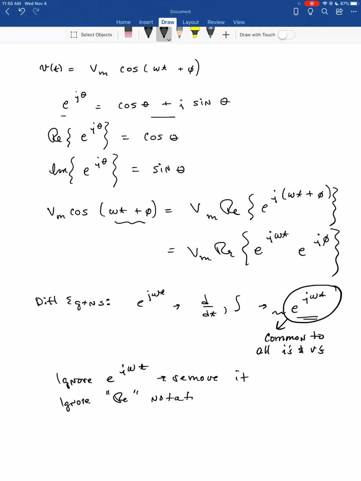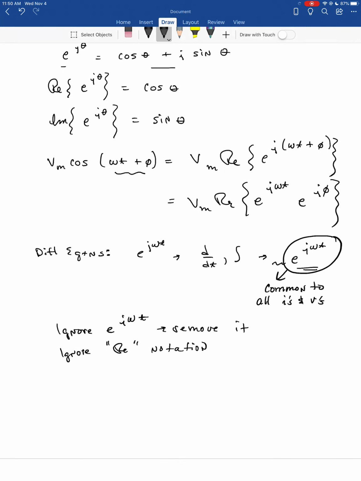We're also going to ignore our real notation. Once again, knowing that it's there, it's in the background, it's running through every calculation we do. We'll fix it at the end of the solution. So we're going to ignore that as well. So what that means is our Vm cosine of omega t plus phi, when it undergoes the phasor transformation, and you notice here I have not used equal, I have used a double arrow.